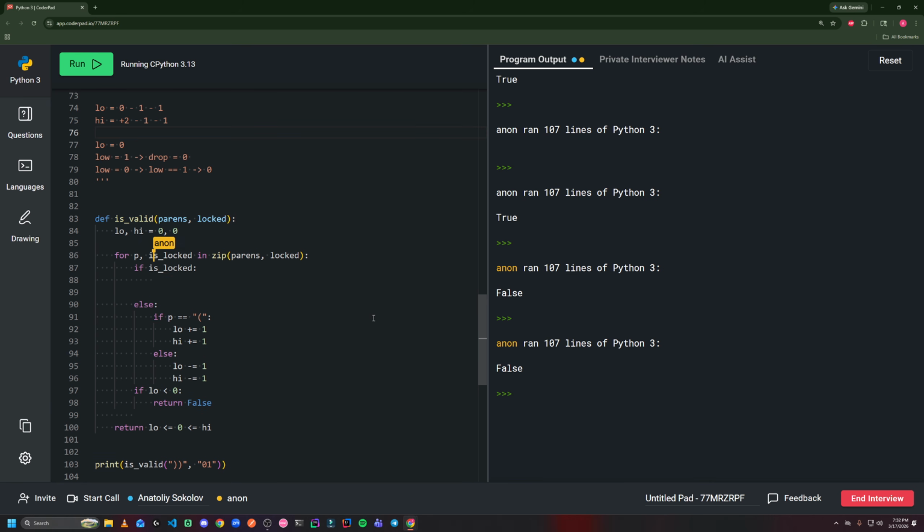Wait, sorry. Yeah, so if it's unlocked, then we have the ability to change, right? Okay, so I think this was the more complicated logic.